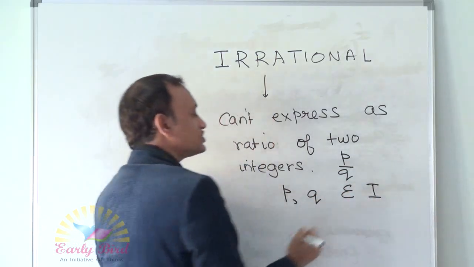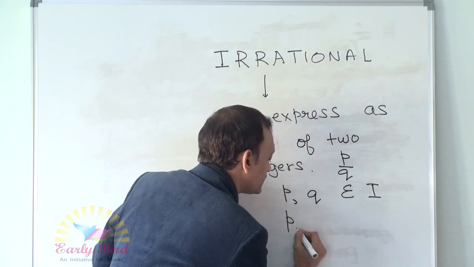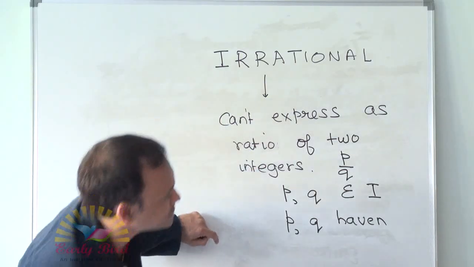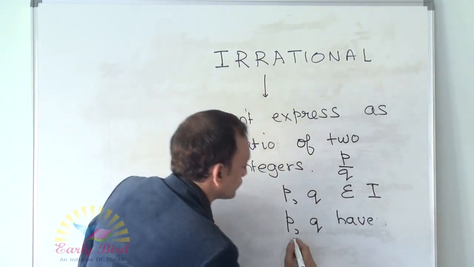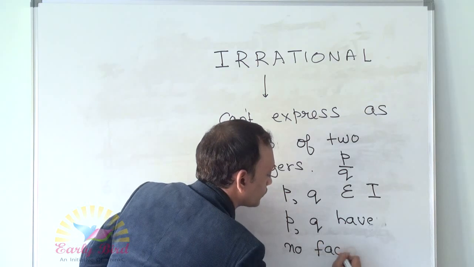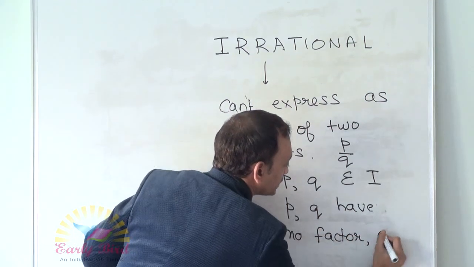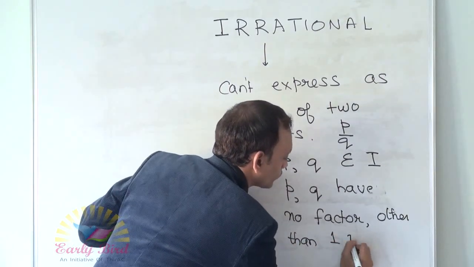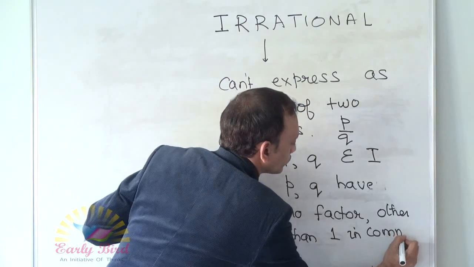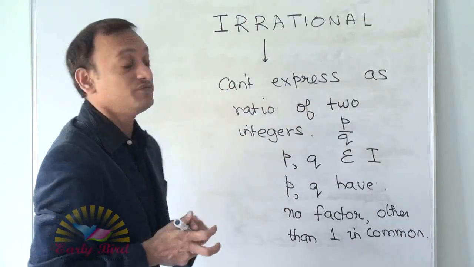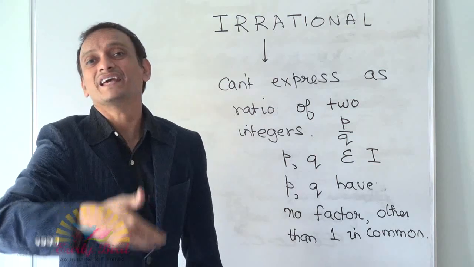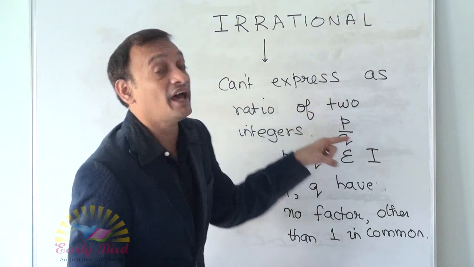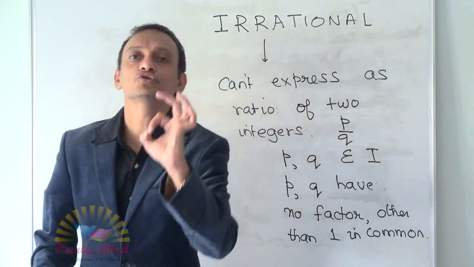Where p and q are integers, and p and q have no factor other than 1 in common. That means if you want to express an irrational number in the form p by q, where p and q are integers and have no factor other than 1 in common, then you will fail to do so.